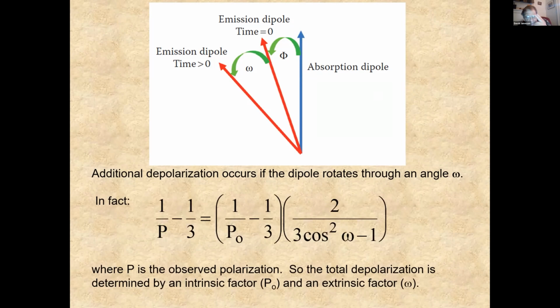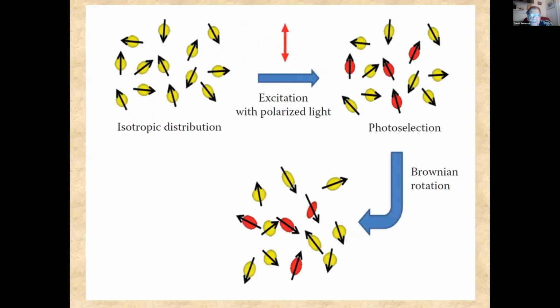The observed polarization is going to be related to this equation, which has the limiting polarization, which sort of sets the range you can do, over 2/3 cosine squared theta omega - 1, where omega is the angle you went through during the rotation.